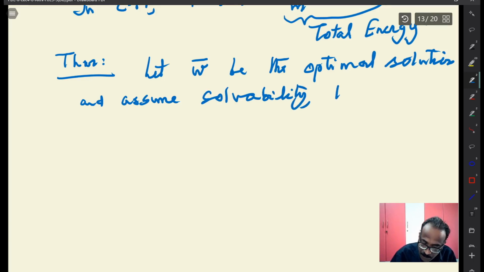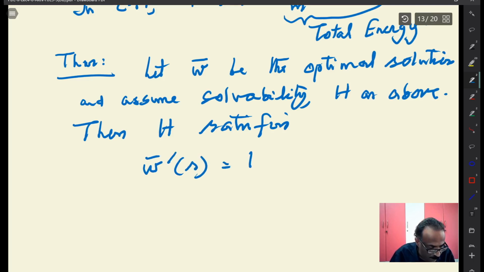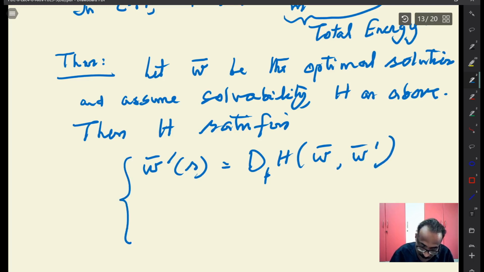Then it satisfies W bar prime of S is equal to dp of H of W bar, P, and this is a system, n equations here, and then on P you are writing the system.